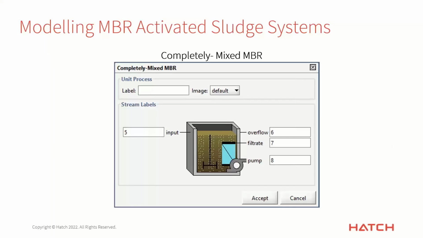Okay, so looking at the completely mixed MBR is a good way to get a handle on where everything is in this particular unit and how the connections work. First of all, just like any one of our other bioreactors, we have input coming in. This is whatever is your waste stream coming into the system from the upstream object, or your influent. We have a connection point in the middle of the right-hand side, which is the filtrate.